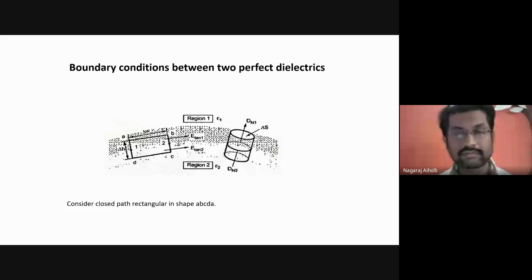Similarly, for the bottom surface, it is an elementary surface, almost constant, and hence Dn2 is constant over the region of the lower surface, and it can be taken out of the integral. Dn1 and Dn2 can be taken out of the integral.